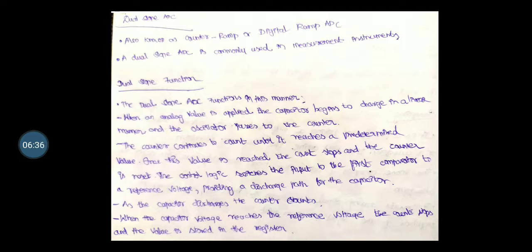The counter continues to count until it reaches a predetermined value. Once this value is reached, the counter stops and it is reset. As it is reset, the capacitor discharges. When the capacitor voltage reaches the reference voltage, the counter stops and the value is stored in the register.